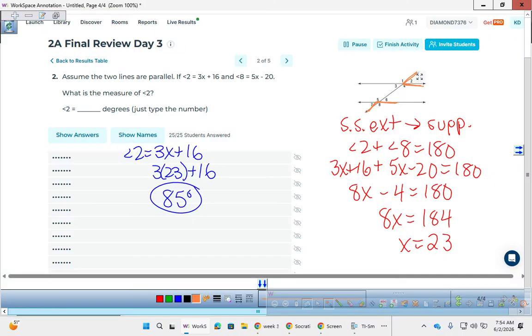So our options in parallel lines are we're either going to set the two equations equal to each other, like angle 2 equals angle 8, or we're going to do angle 2 plus angle 8 equals 180, right? So we're either going to add them up and set them equal to 180 or set them equal to each other. If they look different, here one is acute and one is obtuse, set them equal to 180. If they look about the same, set them equal to each other.